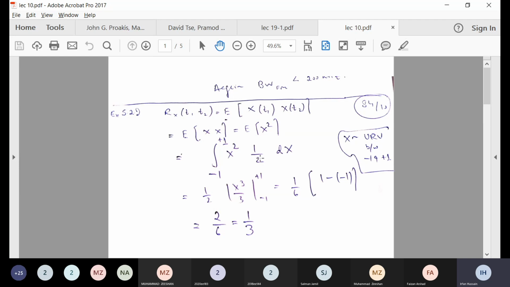The uniform random variable goes from -1 to +1, so its height will be 1/2, its PDF will be 1/2. So 1/2 goes out, x square becomes x cube over 3 by the integration. Applying the limits, this will become 1/3. So the autocorrelation comes out to be 1/3.